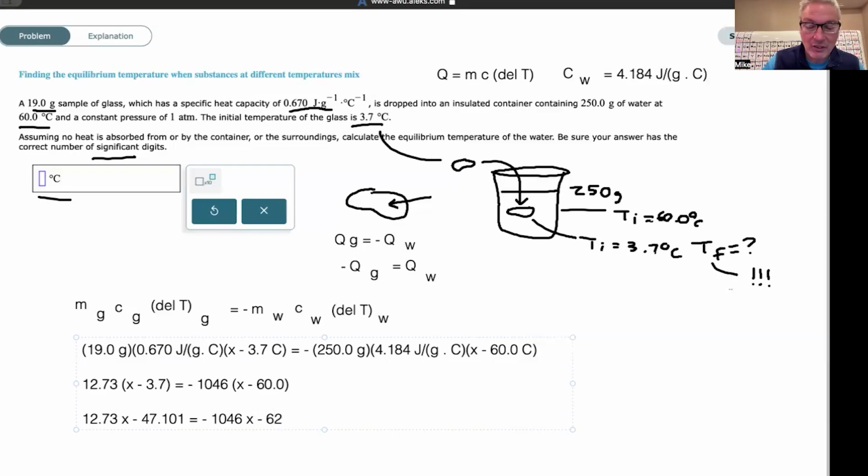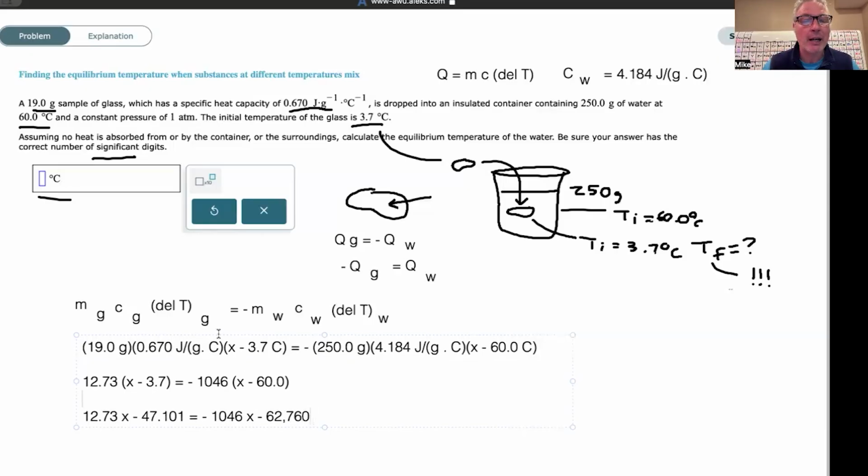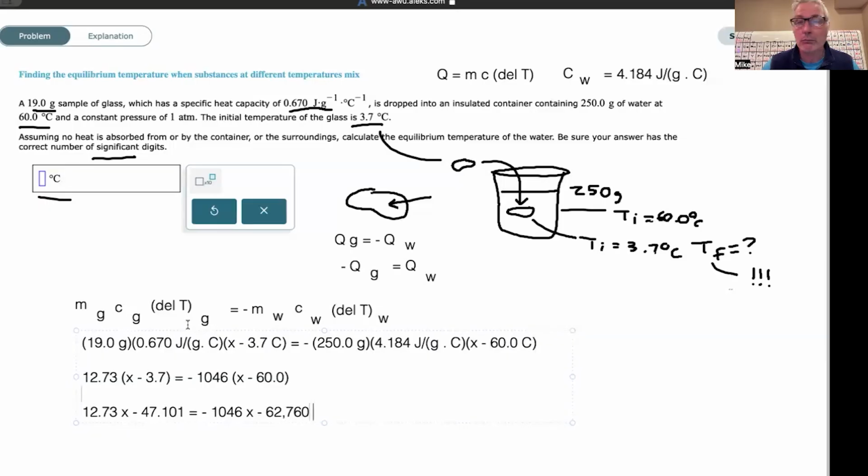See, this is easy to get lost, but you got to remember, my answer better be between 3.7 and 60. And it better be closer to 60 than 3.7. So you have a bailout here, if you have a way of figuring out what's going on.